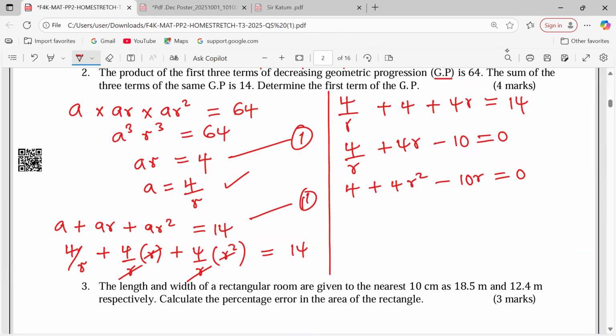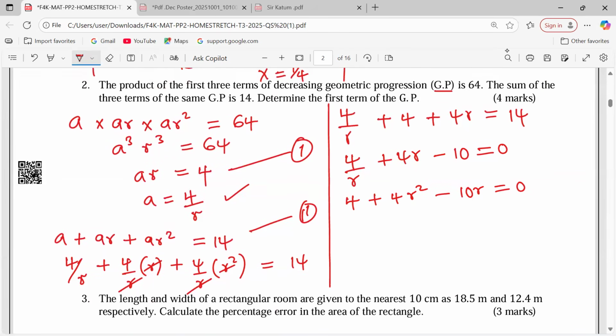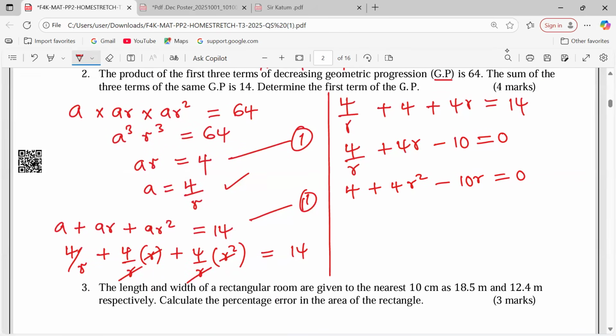This equation now is quadratic, and we can solve it as one. There are many methods of solving quadratic equations, very many of them. We can talk of the simplest form here. You see, 4 can be negative on the right.